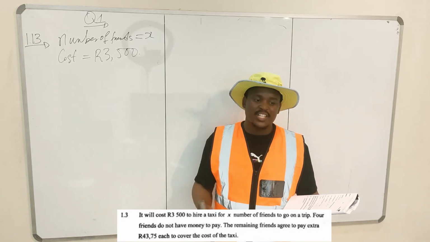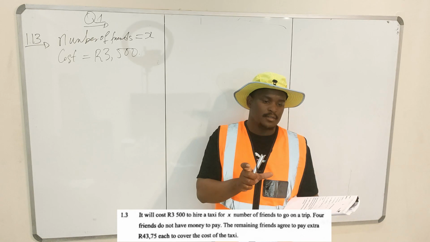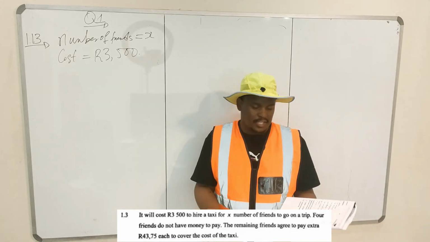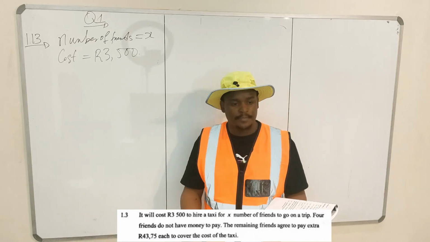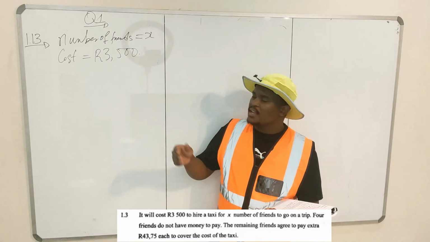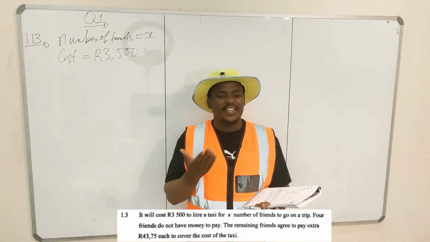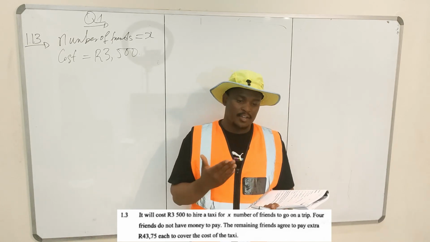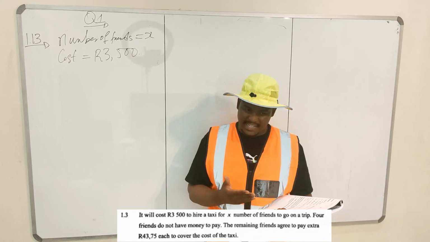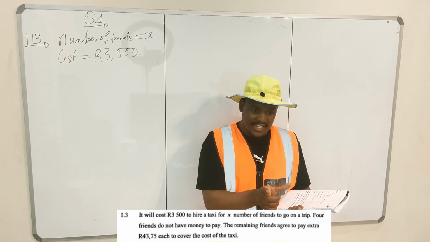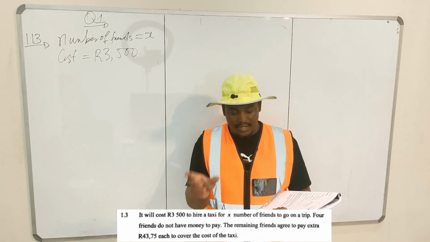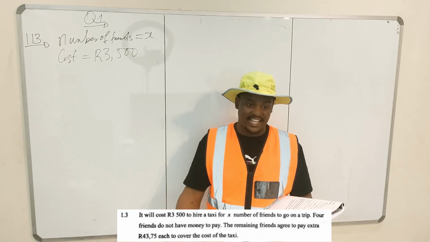It's more like they're covering the shortage, the deficit. If the cost is 3,500 and there are 10 friends, each of them should pay 350 to cover the cost of the taxi.